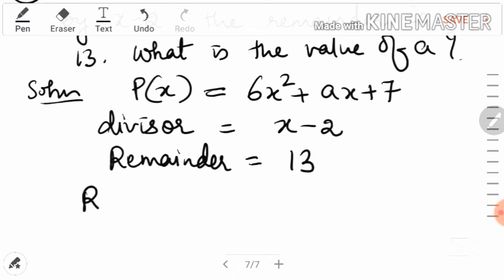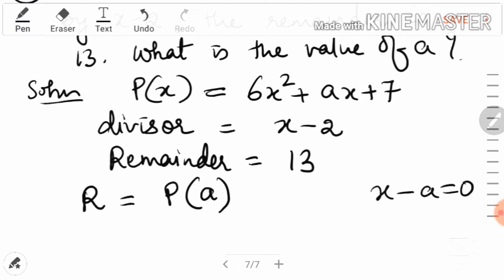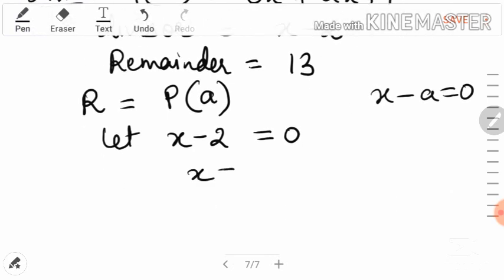We know that the remainder is the value of polynomial at a, where a is obtained by equating x minus a to 0, where x minus a is the divisor. So let the divisor in this question, x minus 2, be equal to 0. So x is equal to 2. This is a.